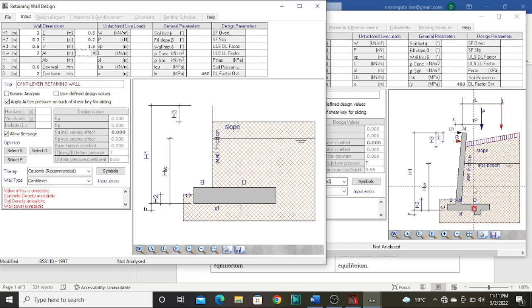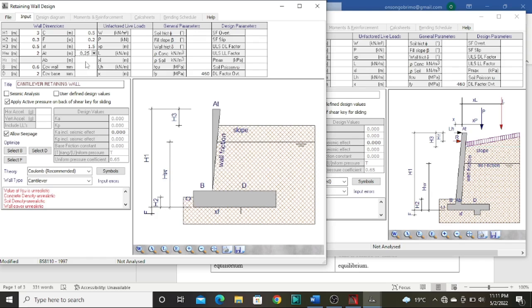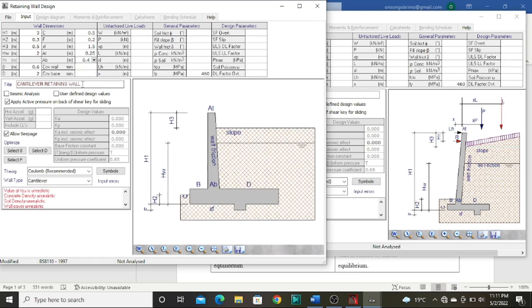Sometimes, because there is a lot of pressure acting at this bottom section, we have more width at the bottom than at the top. Therefore, my top will have a width of 0.25 meters. Then my bottom will have a width of 4. And from observation, you can see how it appears.